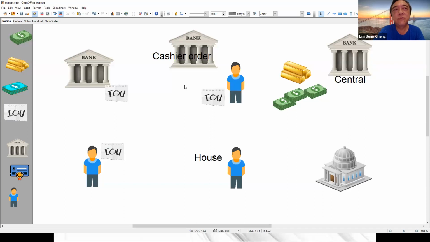So let's say you borrow from DBS to buy a house, and then the seller deposits the money in DBS, so there's no money exchange. It's just a cashier's order that comes out from DBS and goes back to DBS. So no difference.